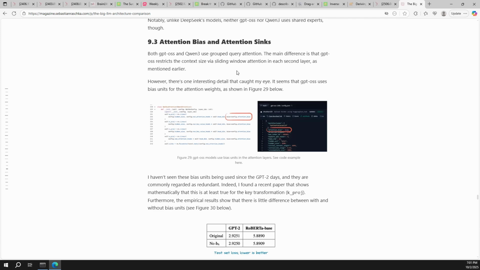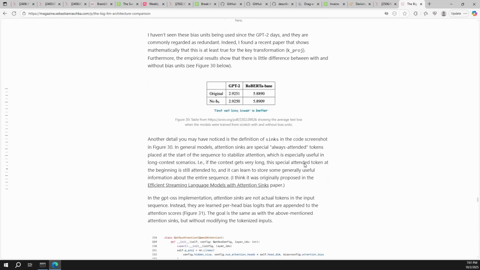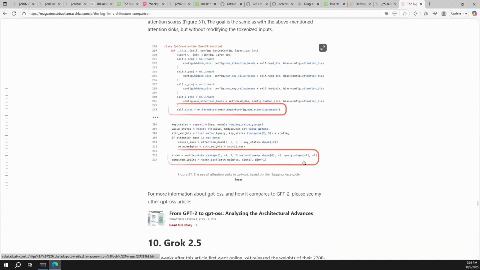And so the way that OSS does things is it changes the softmax calculation, and they have this attention bias thing. I don't remember exactly what the calculation is. I don't know if it shows it here.